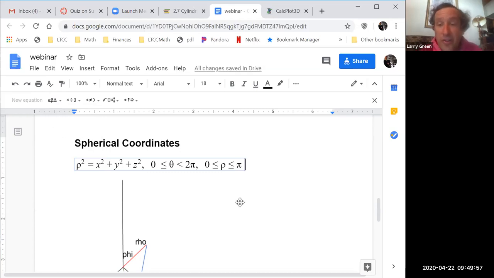Okay, you do need 0 and you do need pi, right? Because if you don't include pi, then you don't get to the South Pole. Is that clear? Okay, but you don't have to include 2 pi for theta.